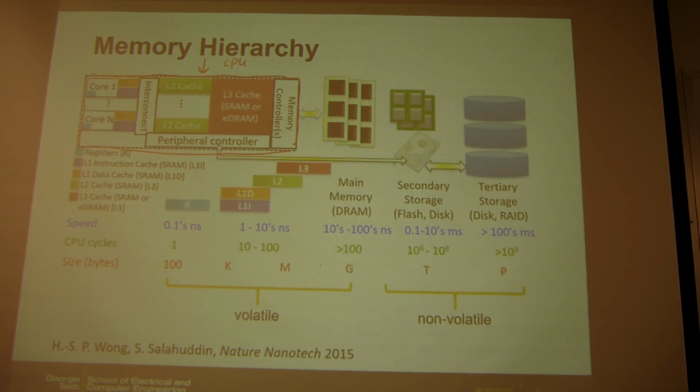Sometimes we have embedded DRAM for that as well. But even with the cache, we have different levels: L1, L2, and L3 cache. Here, the first level of the memory is the register, and then we will have level 1, level 2, level 3. All of those are on the chip with the processor.